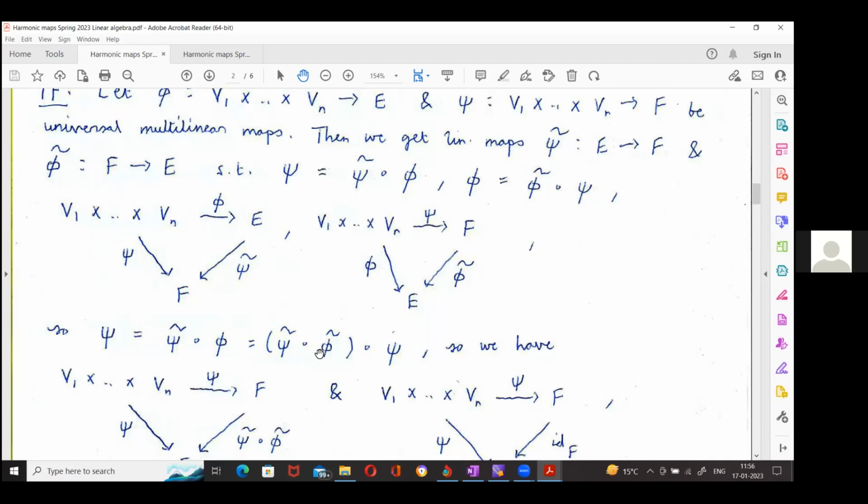So if I substitute that here, then I get that ψ is equal to ψ tilde composed with φ tilde composed with ψ.